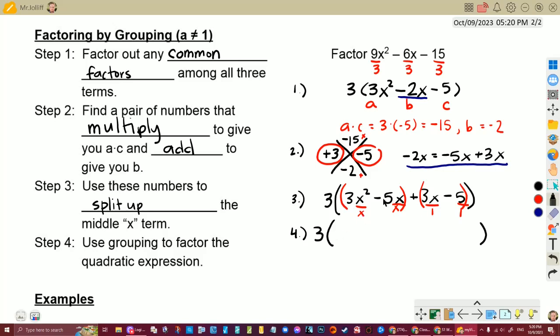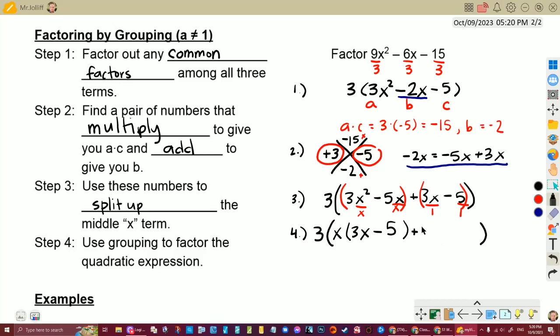For the first grouping, I'm going to pull that x out in front, and then what's left over goes here. So 3, and then x squared divided by x leaves me with a single x, and then minus 5x divided by x, those x's cancel and leave me with 5.